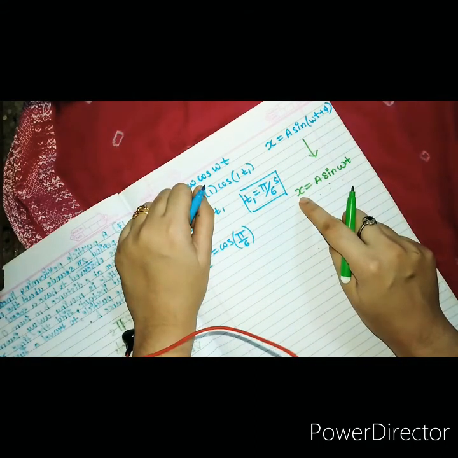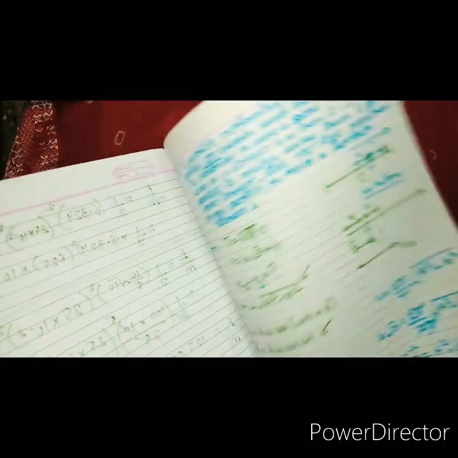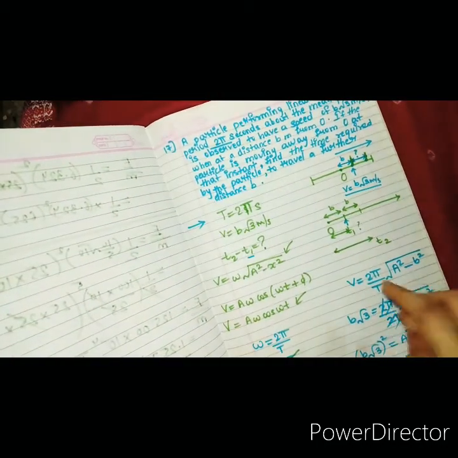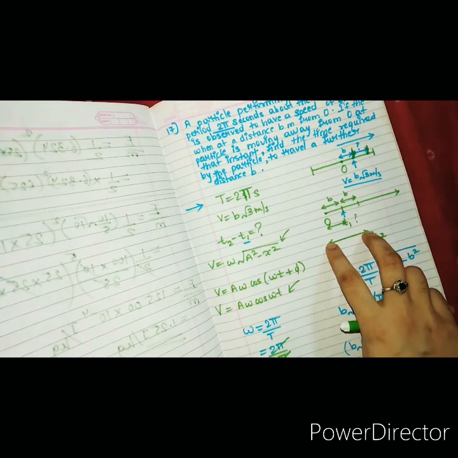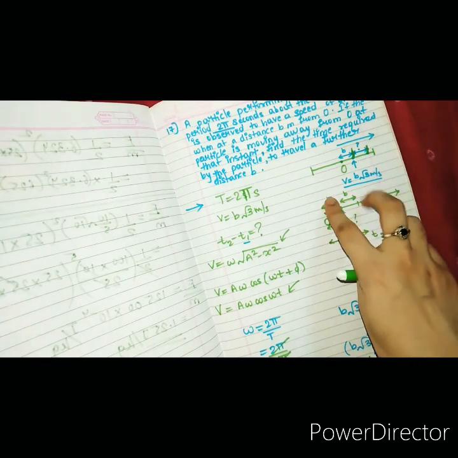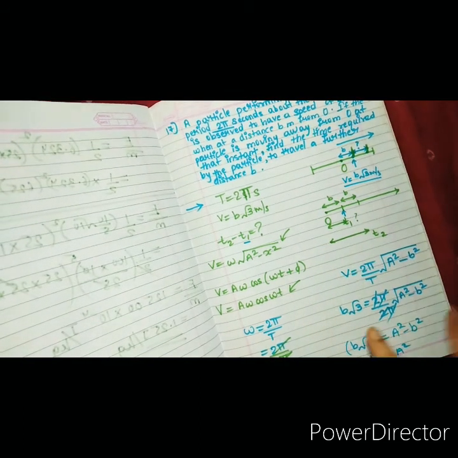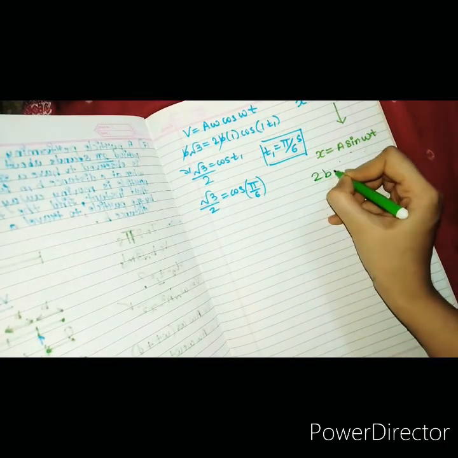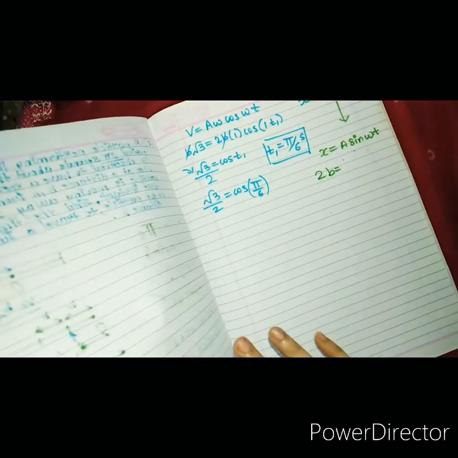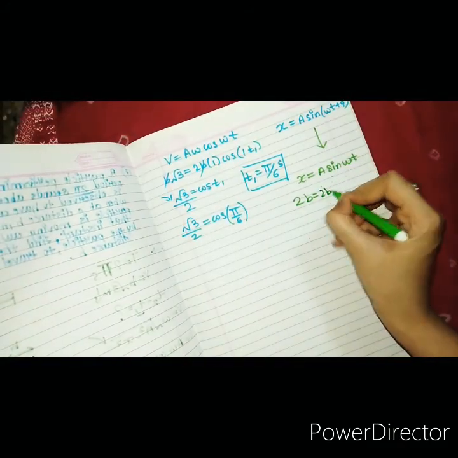X is the displacement. For which displacement do we want it? For this whole displacement, what is x? b plus b, that is 2b. So x is 2b. What is a? 2b.